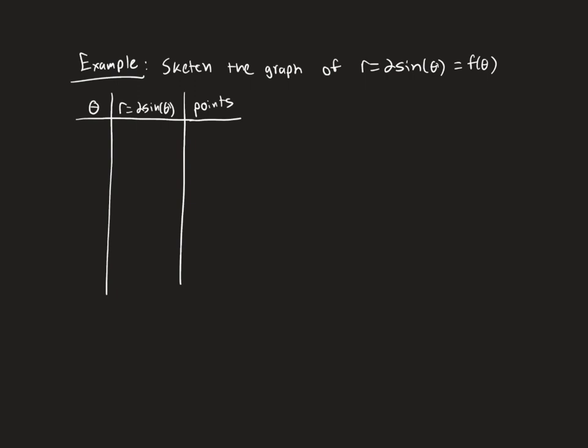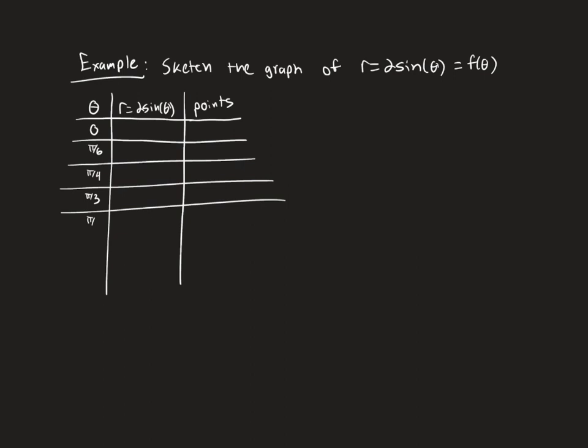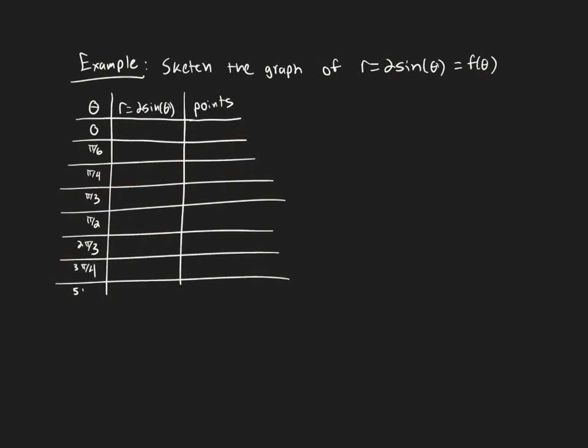Let's use theta values of 0, pi over 6, pi over 4, pi over 3, pi over 2, 2 pi over 3, 3 pi over 4, 5 pi over 6, and pi.